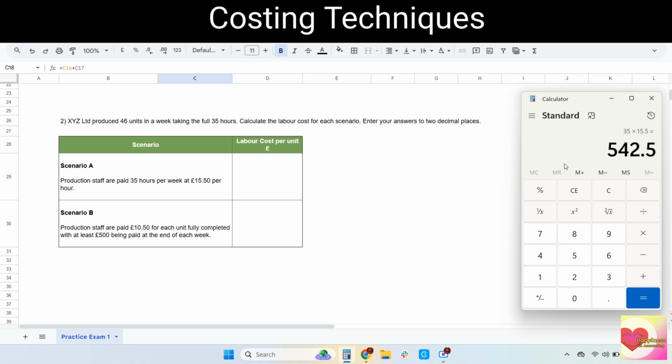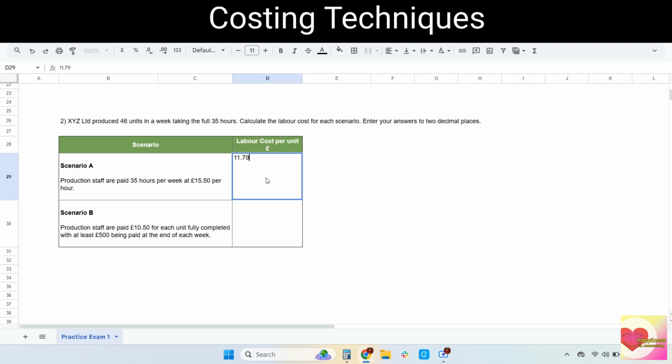So this is the total labor cost for 46 units. Now let's divide it by the number of units. Then let's round off to 2 decimal places, and we got 11.79 pounds. And this is our labor cost per unit.